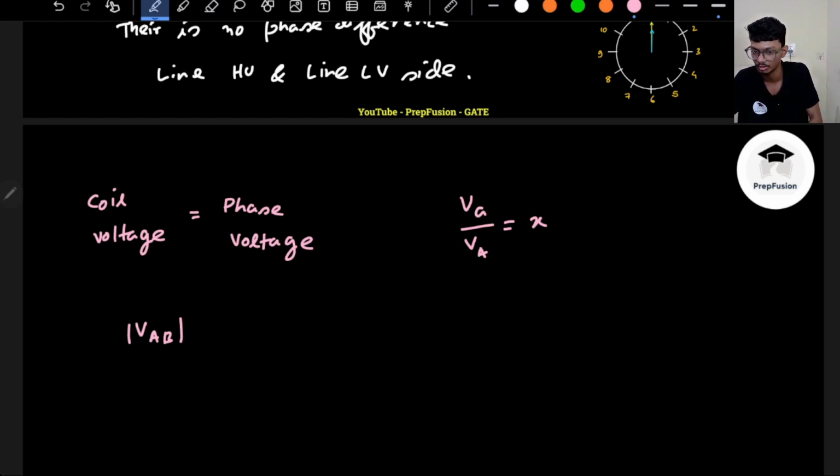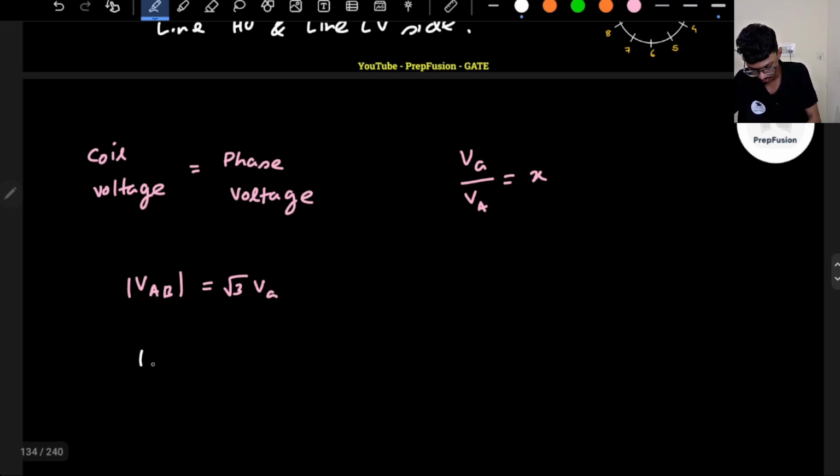So capital VAB will be equal to root 3 into VA, and small VAB will be root 3 into small VA.